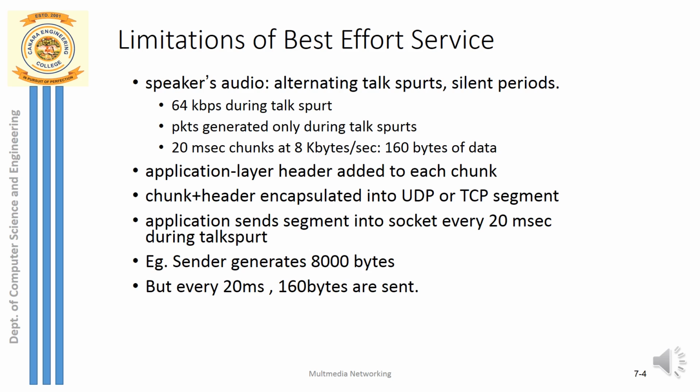So this is one point we all have to remember: the maximum delay should be 400 milliseconds. Above 400 milliseconds, the playout at the receiver end is disturbed, and the receiver will experience the delay.